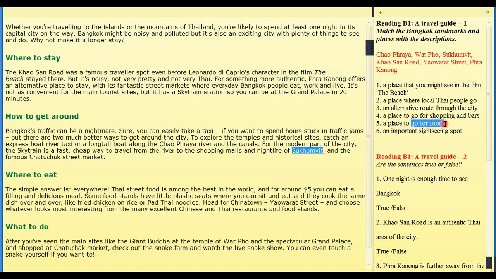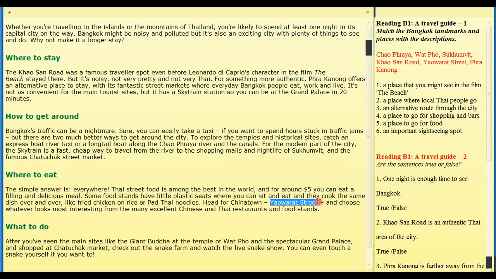So go for food is the keyword. And find it. You could see here place to eat. So the answer could be in this paragraph. So read it now. The answer for question 5 is here.